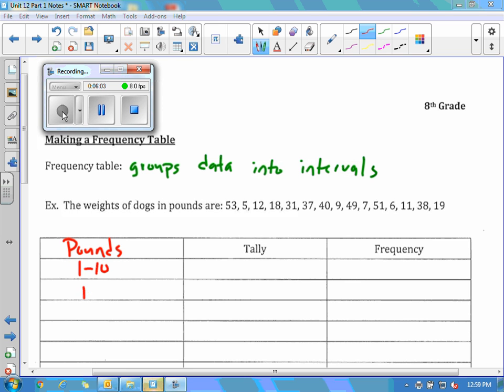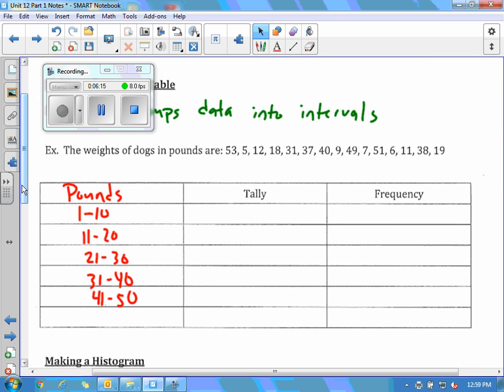So I'm going to do 1 to 10, 11 to 20, 21 to 30, 31 to 40, 41 to 50, and then if I scroll down, one more spot, 51 to 60. Then I'm just going to go through all the examples and put little tally marks where they go.